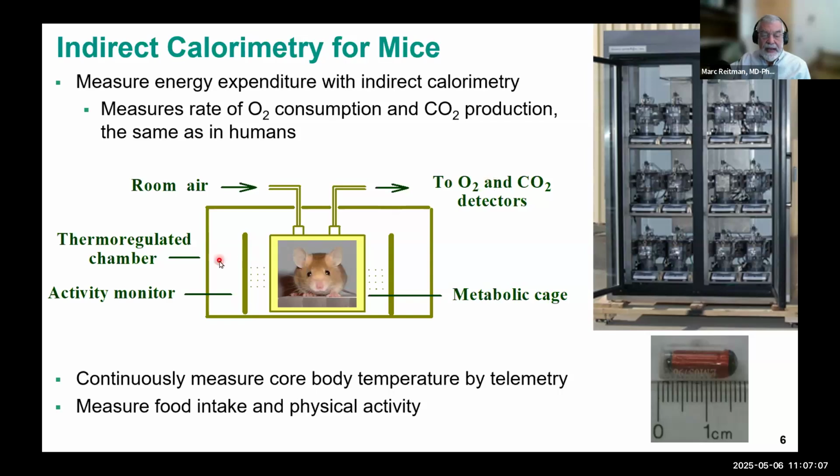And in mice, you have the advantage that you can put many of them in a chamber at the same time, change the temperature of the chamber, and monitor the activity of the mouse with infrared beam break. We typically, almost all the time, also continually measure core body temperature by telemetry and also measure food intake.